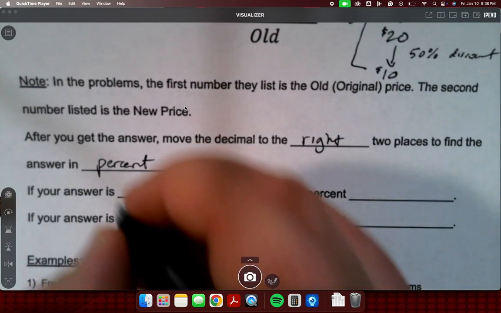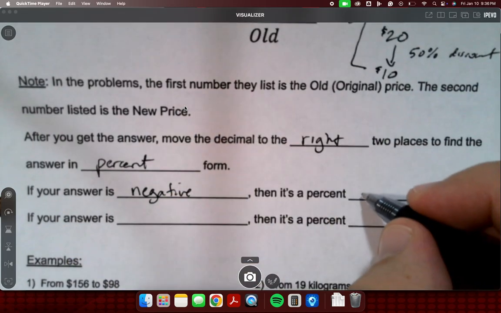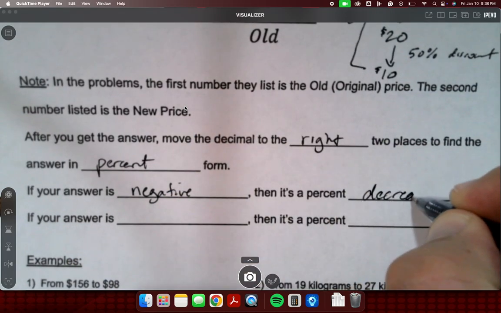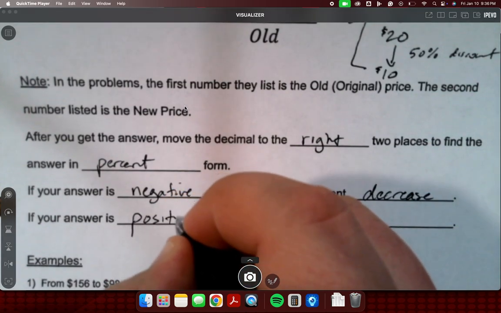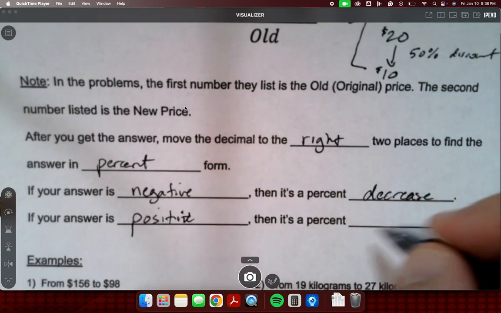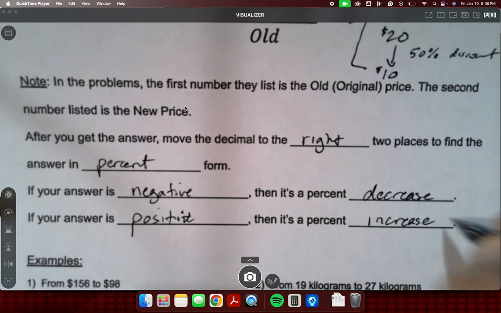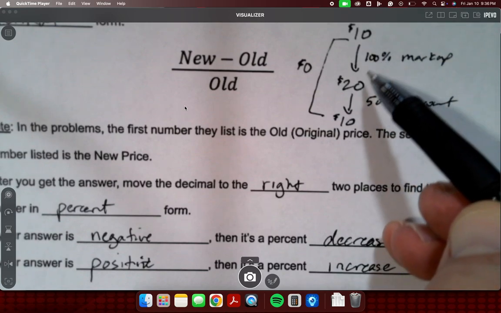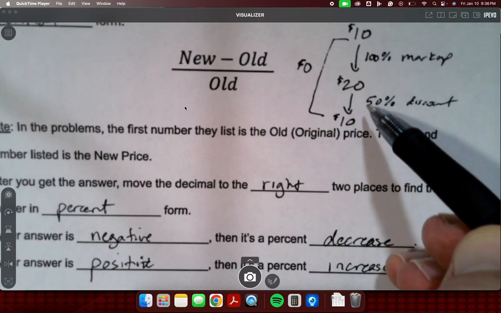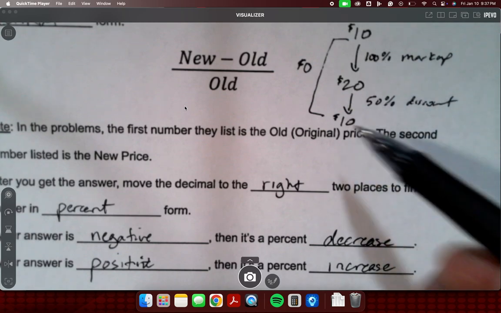Now, if your final answer is negative, that shows you that it's a percent decrease. If your final answer is positive, that means it was a percent increase. So for example, up here, this would be a 100% increase and then a 50% decrease, because it was going up 100%, then down 50%.